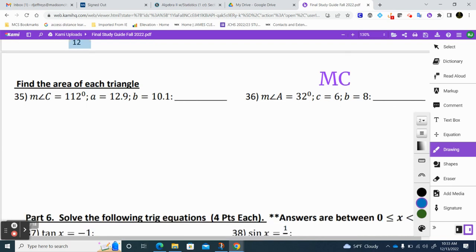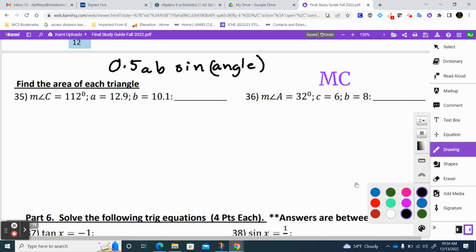Now, you have one problem like this. This is multiple choice. Remember this formula: 1/2 A times B times the sine of the angle. So this is going to be 0.5 times 12.9.